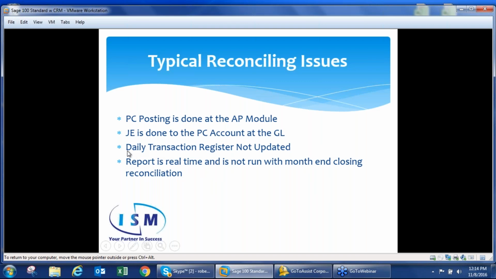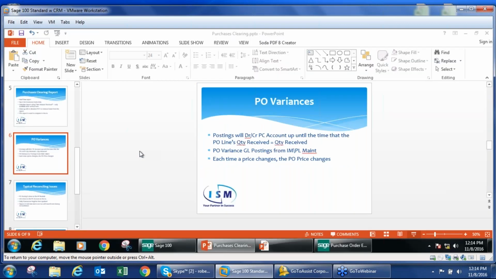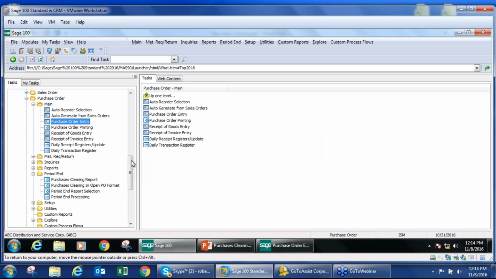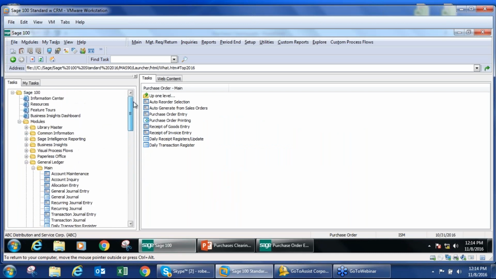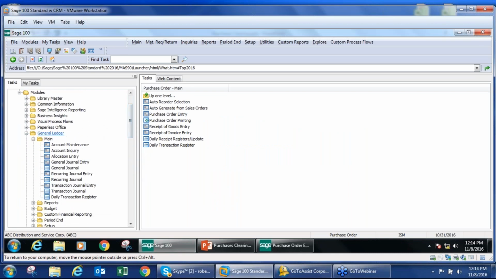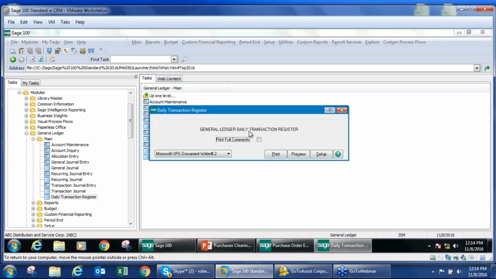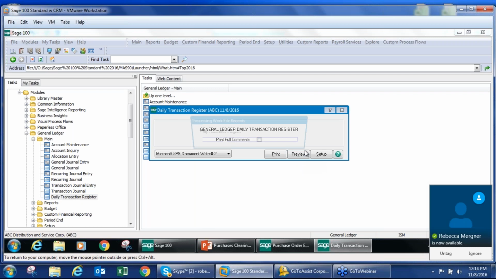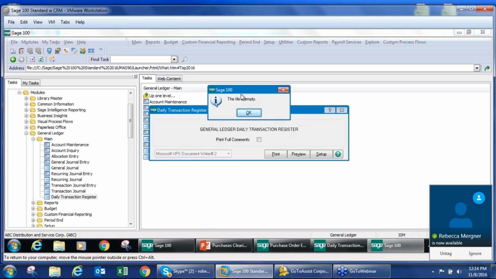Something I like to do with clients that are having issues when reconciling at month end, the first thing I do is I always just go to the daily transaction register. I strongly suggest everyone, as part of month end closing, as a practice at the end of the month, before you print out financials, even before you start comparing to the purchases clearing report, make sure all the transactions at the GL are updated. You can do that by hitting the daily transaction register and hitting print or preview.